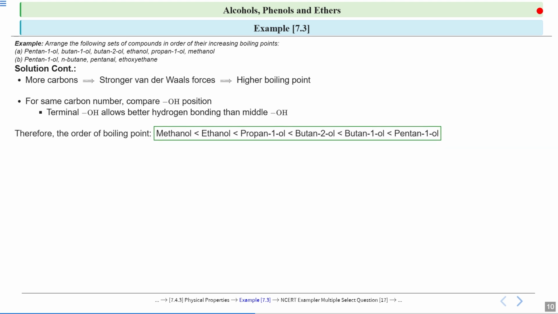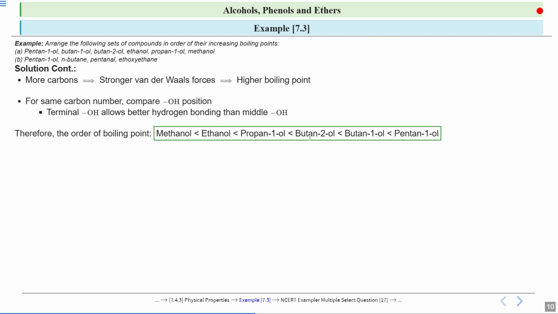So let us see the order of boiling point. First comes pentane 1-ol, because in pentane there are 5 carbon atoms, so the molecular mass is more, and the boiling point will also be more. Then comes butane 1-ol, with 4 carbon atoms and the OH group attached to the first carbon.